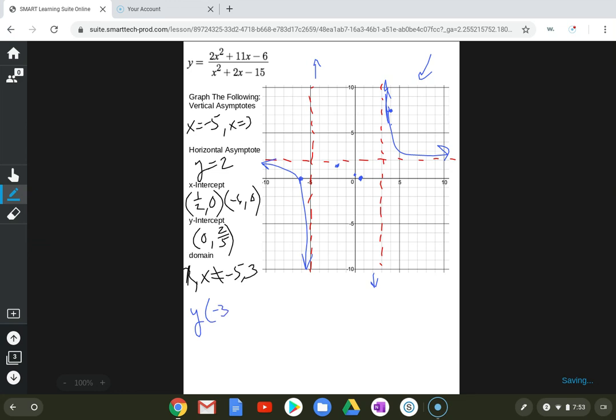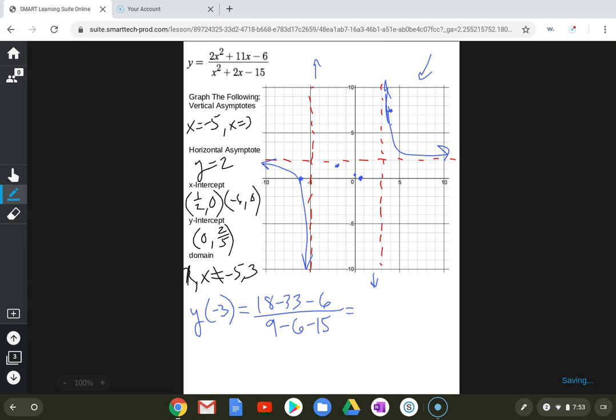All right, so y of -3, if we plug in, we have 2 times 9 is 18 minus 3 times 3 minus 6 over 9, let's see, minus 6 minus 15.